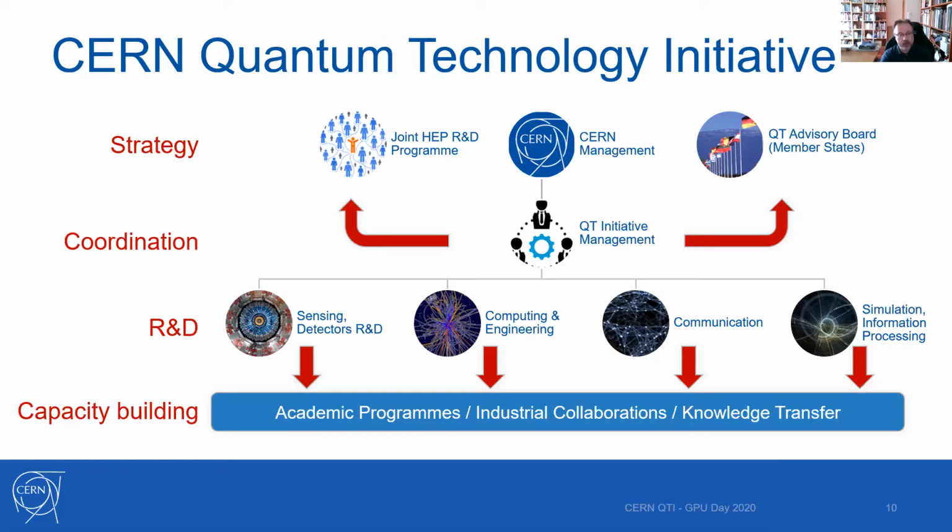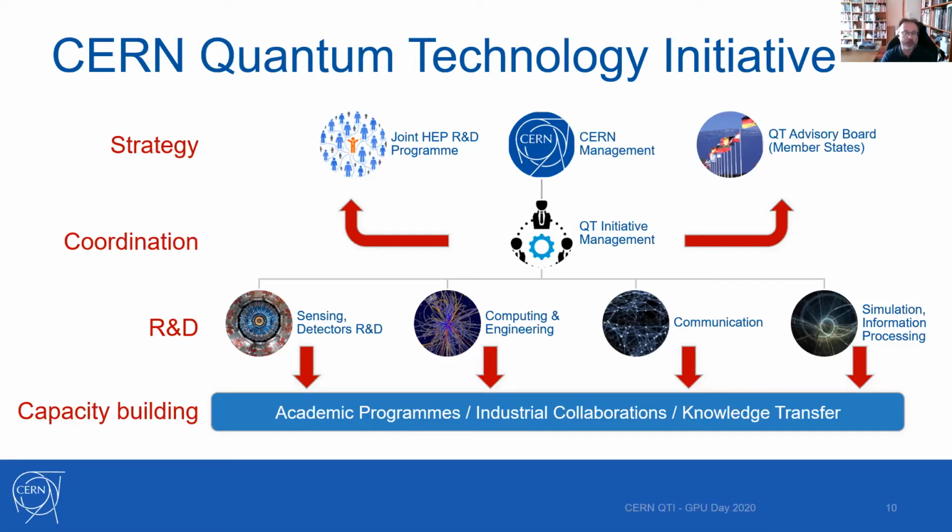So there are a lot of initiatives, projects and programs running in Europe, in the CERN member states, in the experiment member states, member institutes, and internationally. So this, of course, is not new. The CERN Quantum Technology Initiative has no claim of being the first in anything. Actually, a lot of things have started already in the past several years.